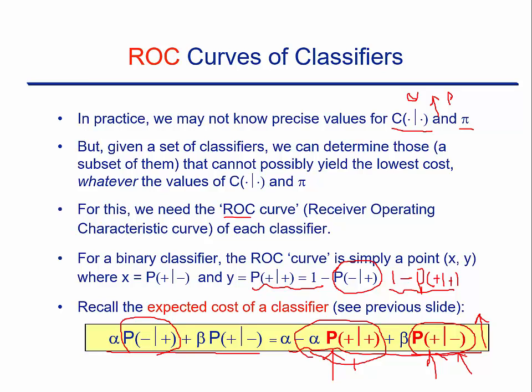So the ideal classifier should have a high true positive rate, for example, a true positive rate of 1, and a very low false positive rate, say 0. So this is our ideal.